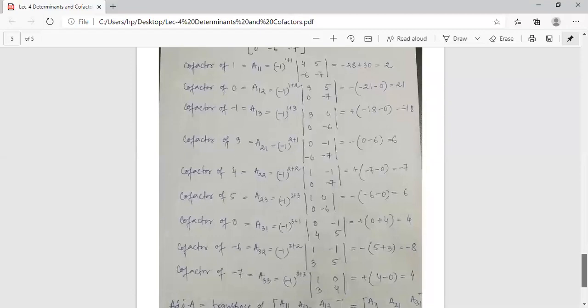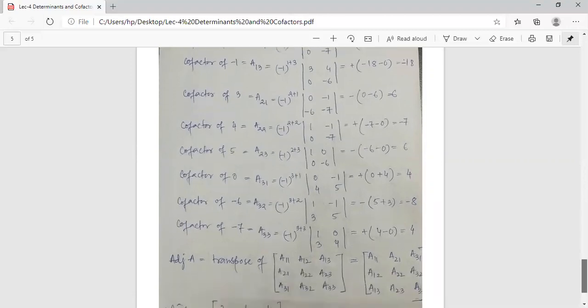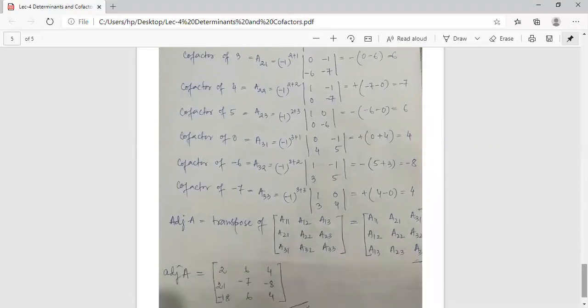Now, after finding the cofactors A11, A12, A13, A21, A22, A23, A31, A32, A33, write the values according to their positions and then find the transpose of that cofactor matrix.